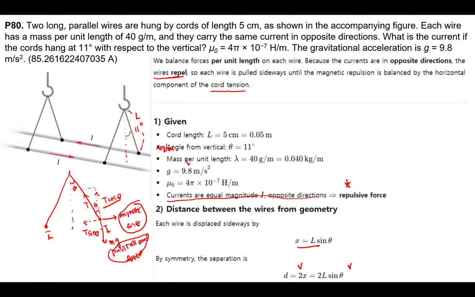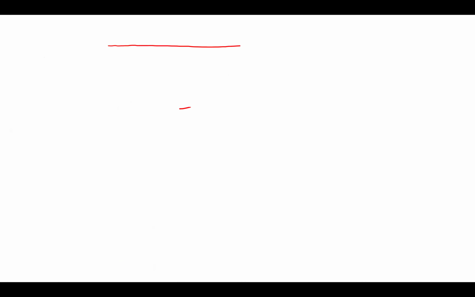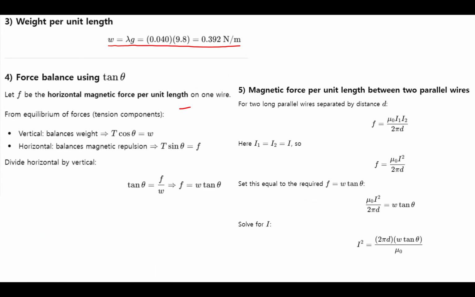In this case, the vertical component is T cosine theta, and T cosine theta should be matched with the gravitational force. The gravitational force per unit length is shown here.